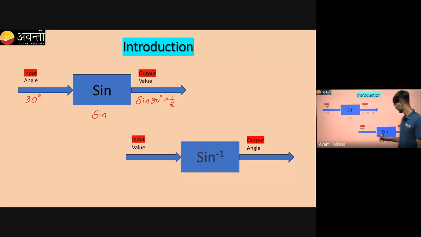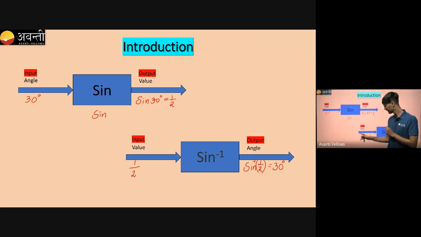So let's say in the inverse function I give a value of half as input. It will become sine inverse of half. How should we think about that? Which angle will give the value half for sine? Sine 30 degrees gives the value half. So here the output will be 30 degrees, which is an angle.